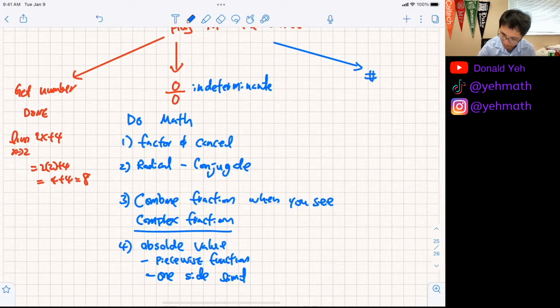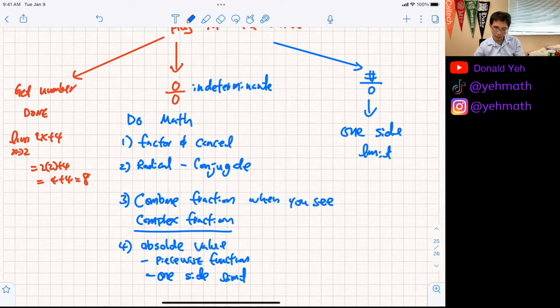Now you might get other cases we're not going to talk about until Thursday, which is going to be some type of number over 0. This is actually the easiest case. With number over 0, you're going to do one-side limits, but we're not going to talk about it right away.